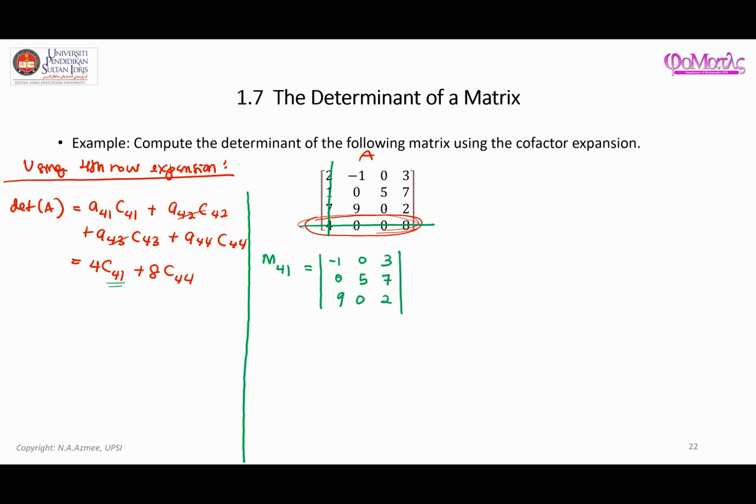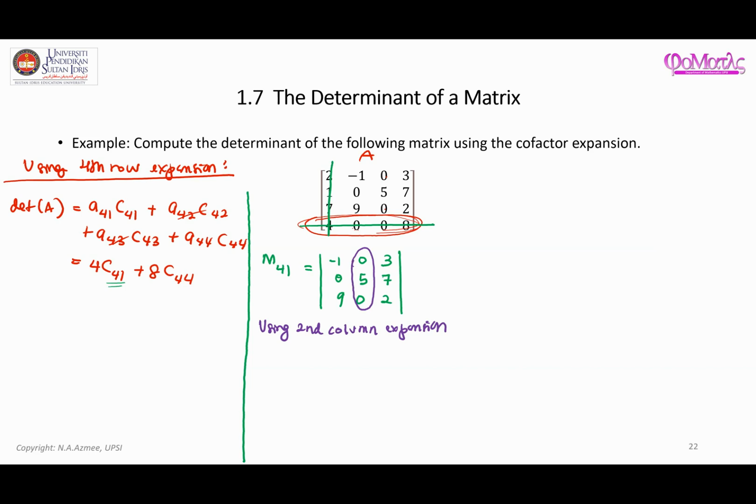To find the determinant of a 3 by 3 matrix, again, you need to think of whether you want to do it in terms of column expansion or row expansion. Let's say we consider using second column expansion, because that's the easiest, right? We have 2 zeros right there.